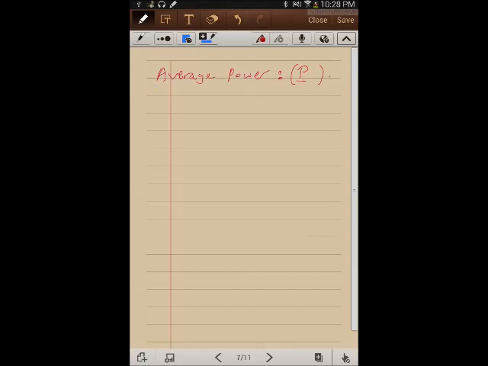So if we want to find the average power, we have to define the time at which the power will be calculated.